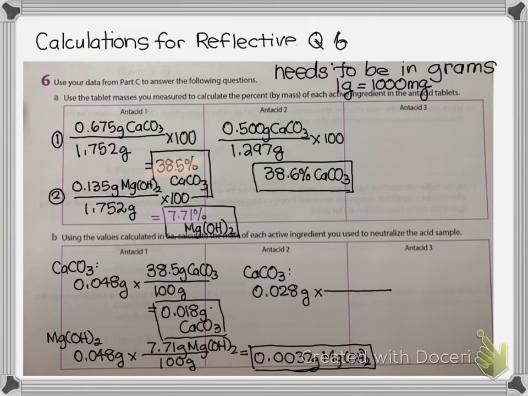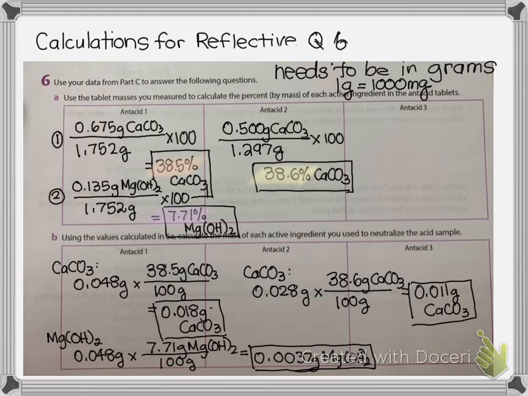And the number we need is up here, 38.6%. That is 38.6 grams of calcium carbonate in 100 grams of sample. So that equals 0.011 grams of calcium carbonate.